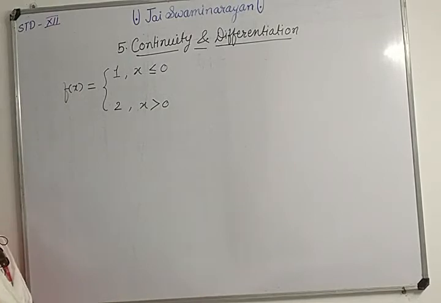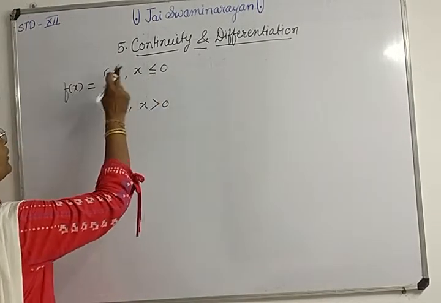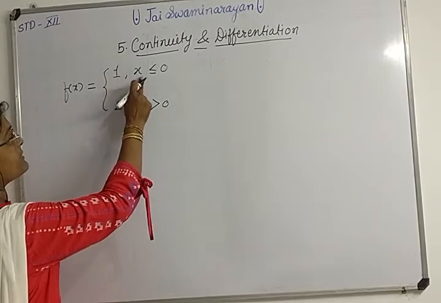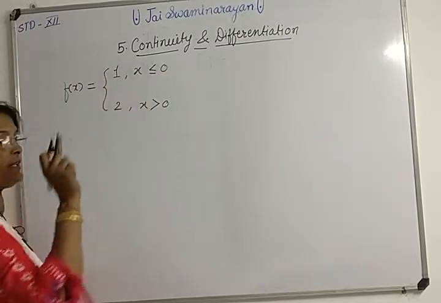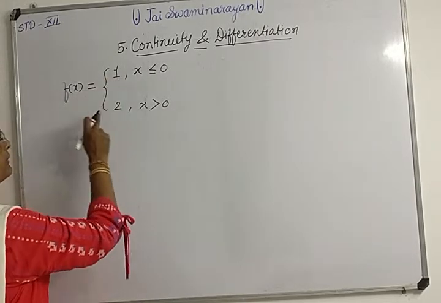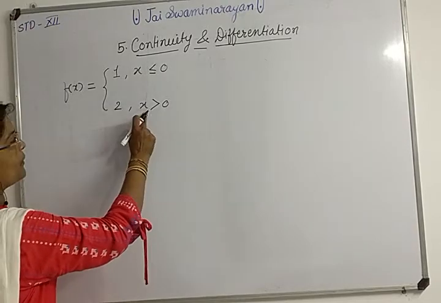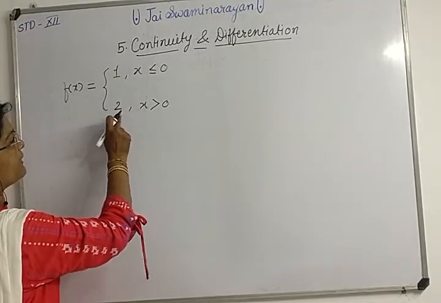This is the example I have taken. For x equal to 0, the value of the function is 1. For x less than 0, means for all negative values of x, the value of y is 1. But for x greater than 0, the value of y is 2. Means for all positive numbers, the value of y is 2.